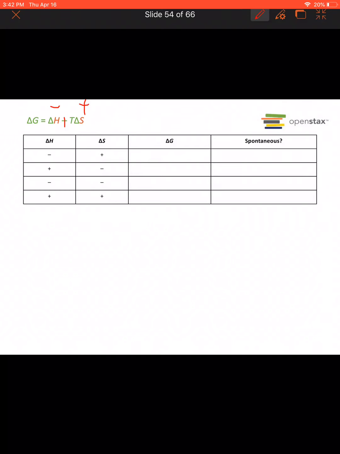And so in order for this delta G to be negative, we want to make sure that delta H remains larger than whatever TS is. And so the only way we could do that is if we keep temperature low, right? So if the signs of delta H and delta S are negative, this reaction is only spontaneous at low temperatures.